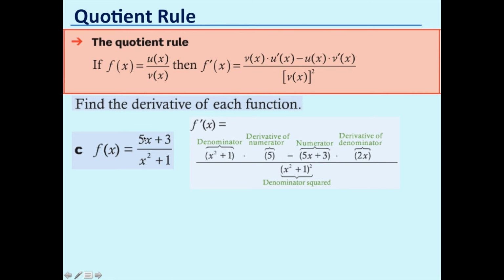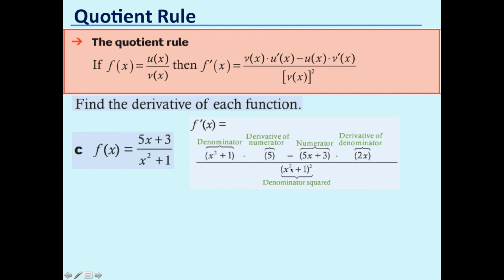We can see clearly the derivative of 5x plus 3 is just going to give us 5. We then subtract the numerator, which is 5x plus 3, multiplied by the derivative of the denominator, which is just going to be 2x. We then need to divide by the square of the denominator, which in this instance is going to be x squared plus 1 all squared.